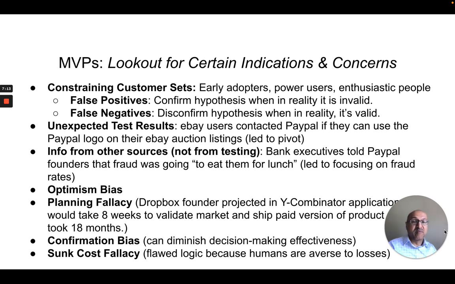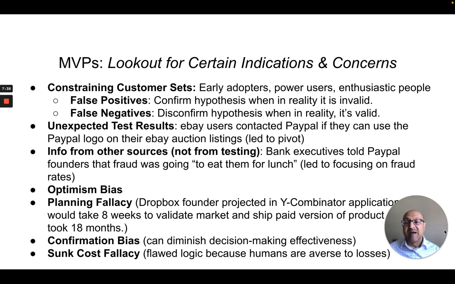So for example, bank executives told PayPal founders that fraud was going to eat them for lunch. That information from a source they were not testing, these executives, led to them focusing on fraud rates, measuring fraud and defeating fraud proactively rather than reactively, which helped them quite a bit.